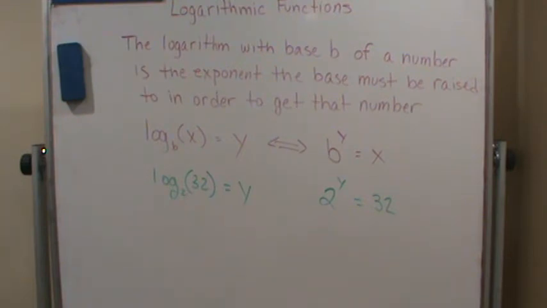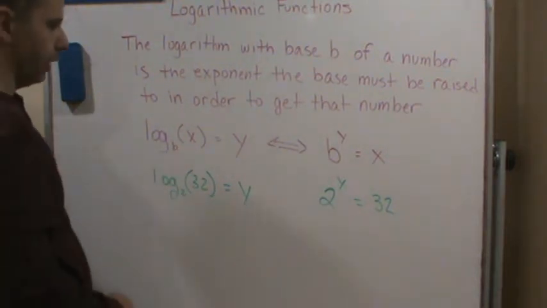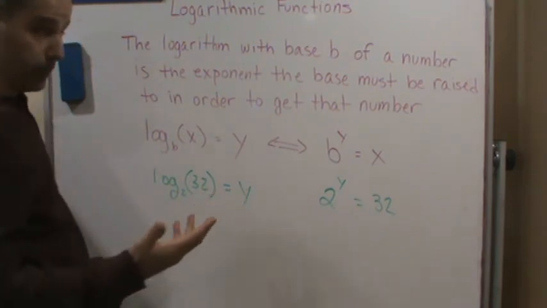Now, for the definition of a logarithm, base b of a positive number x, it satisfies the following: x is greater than 0, b is greater than 0, and also b can't be equal to 1, because we won't have a logarithmic function at that point.